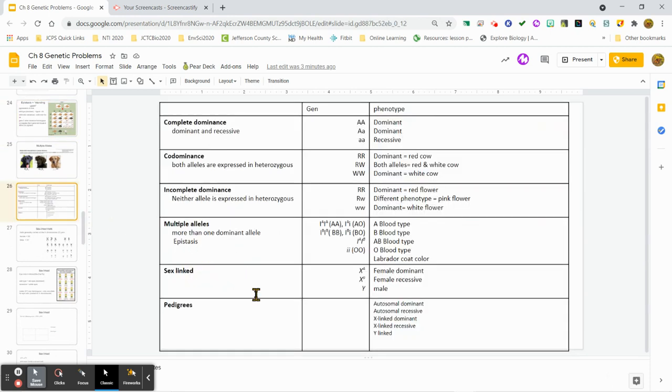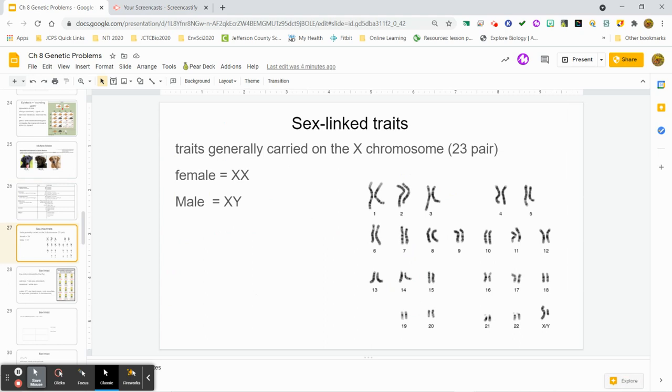Okay, so the next thing we're going to do is sex-linked. Basically, traits are considered autosomal if they're carried on the first 22 pairs. The 23rd pair really determines your sex. This is an XY, and you know that's a Y because it's not as big as the X and it's missing some.